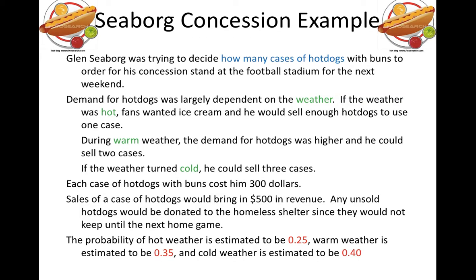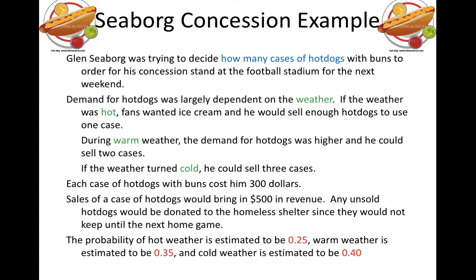Here is an example we're going to use for this demo. Glenn Seaborg was trying to decide how many cases of hot dogs with the buns to order for his concession stand at the football stadium for the next weekend. Demand for hot dogs was largely dependent on the weather.